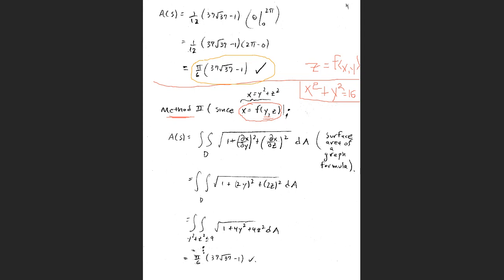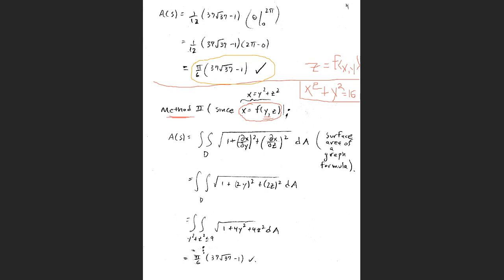Okay, but in the book, they talk about how if z is a function of x and y, the original formula in part 1 for the area of a surface can be rewritten as another, equivalent formula.